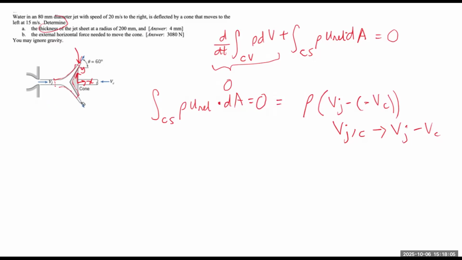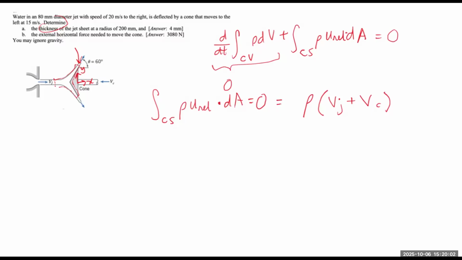So this becomes Vj plus Vc. That is what the relative velocity represents.